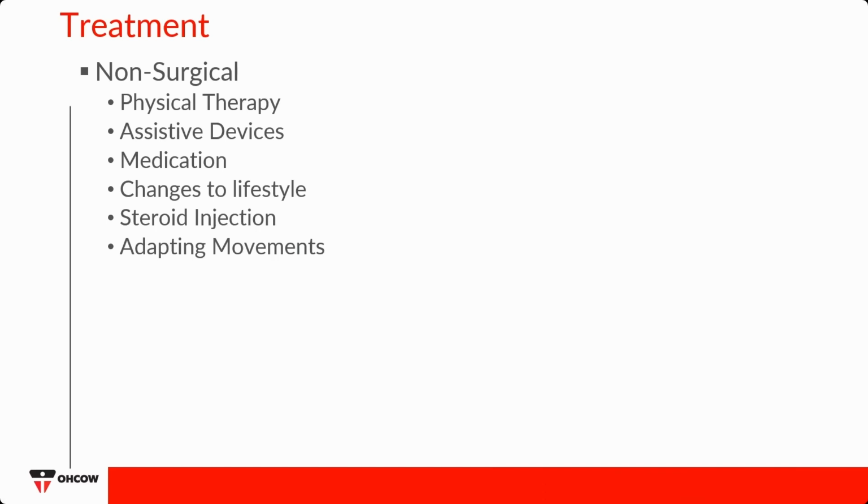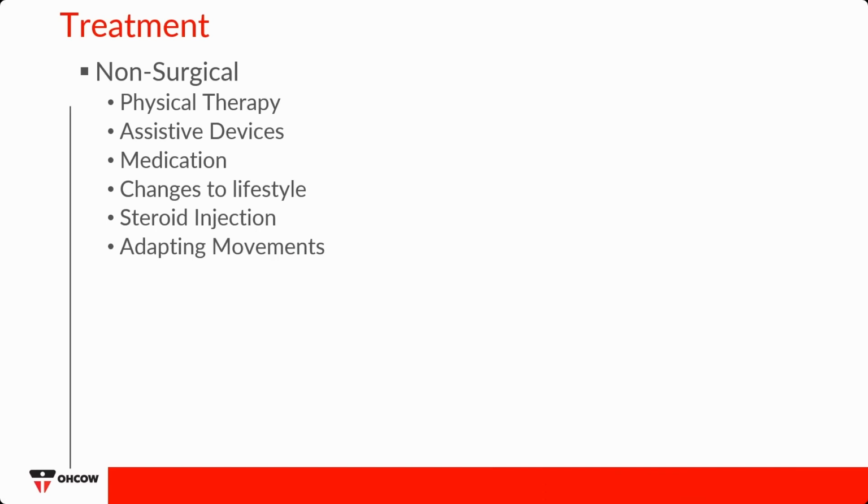First line treatment is education. So you want to educate the patient about the disease, the prognosis, the progression, etc. Physical rehabilitation, working on an exercise program with a physiotherapist that's goal orientated, is very important. This helps to strengthen all the muscles around the hip joint.